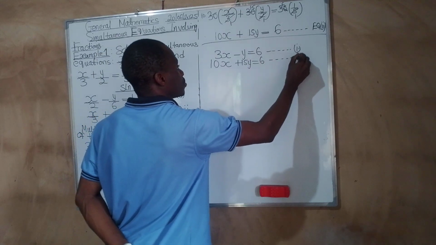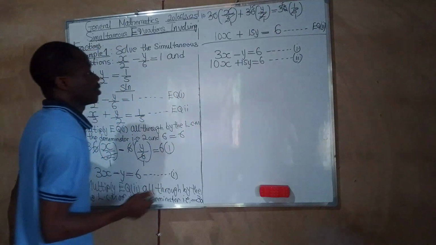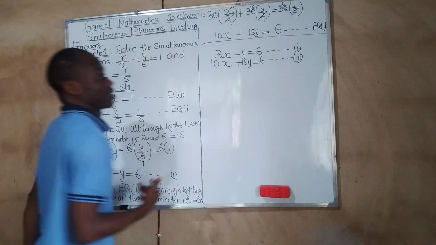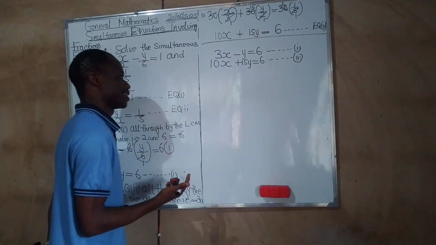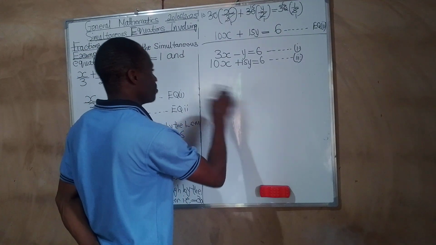That's equation 2, right? So what we'll do is we're going to eliminate. You can substitute, but we don't want to waste our time this time around. So let's use elimination method.